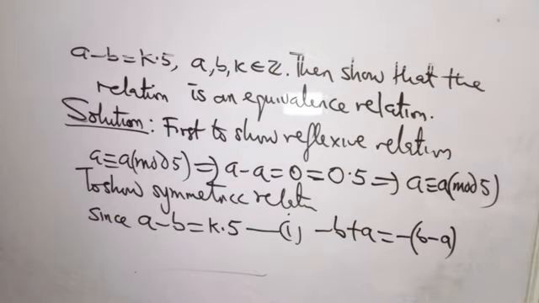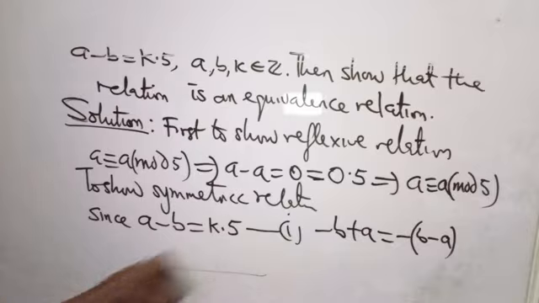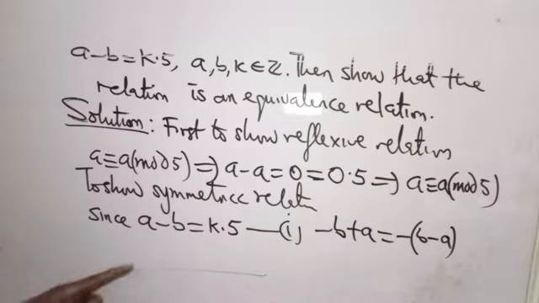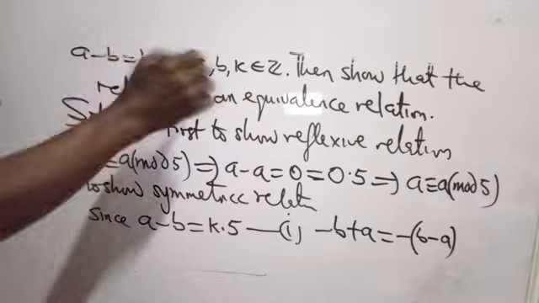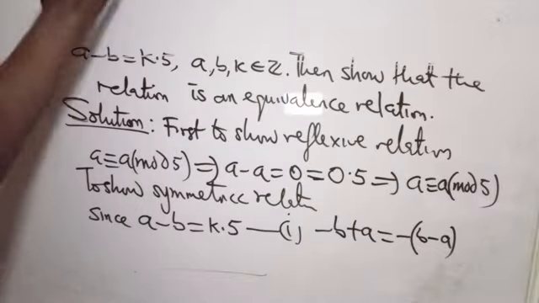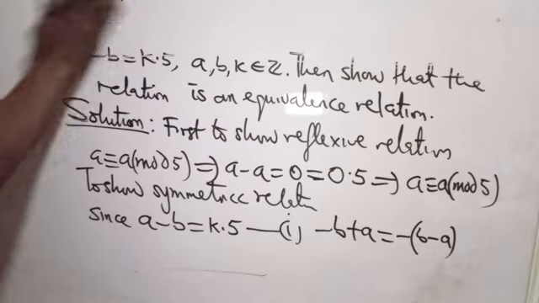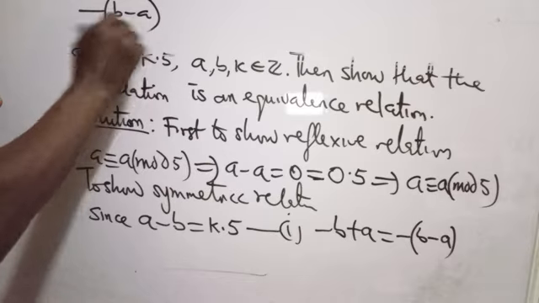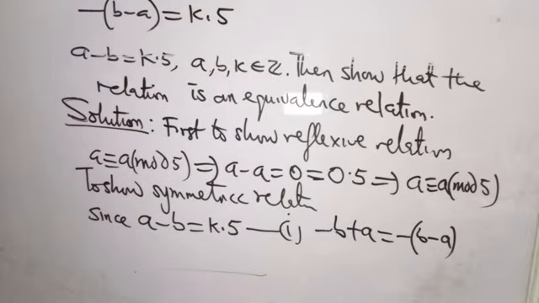Since we have −(b − a), and remember that when it is a − b we have k·5, now that we have a negative sign here, it will not be k·5 like that.